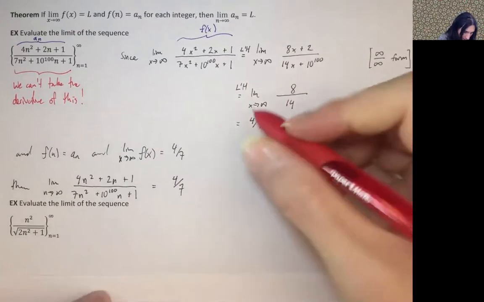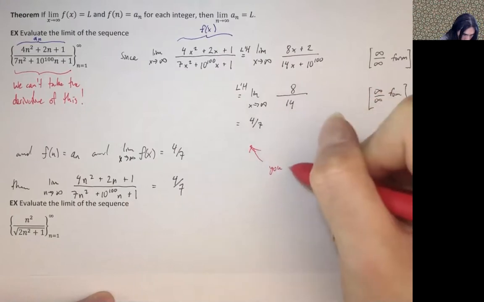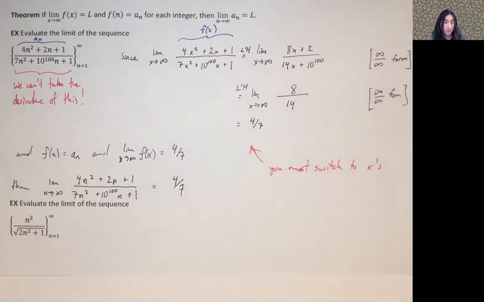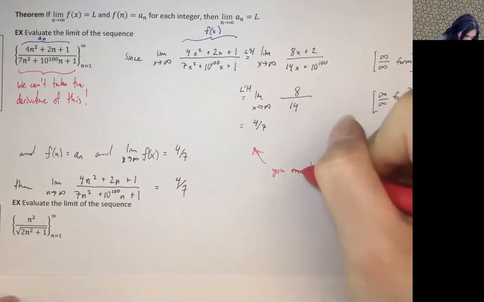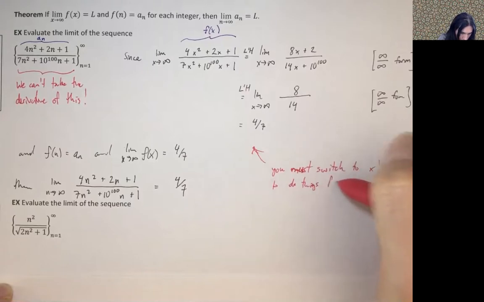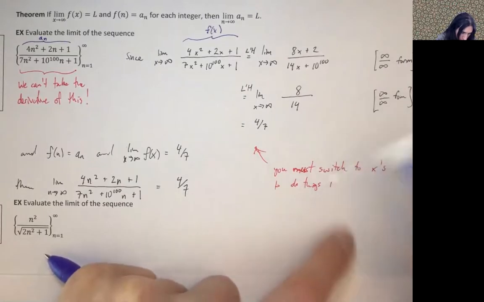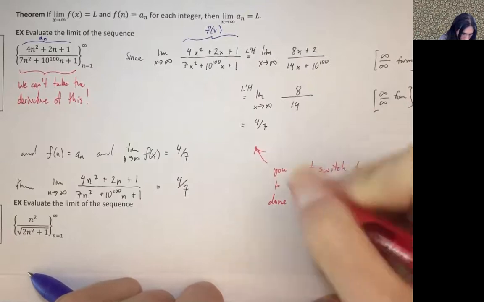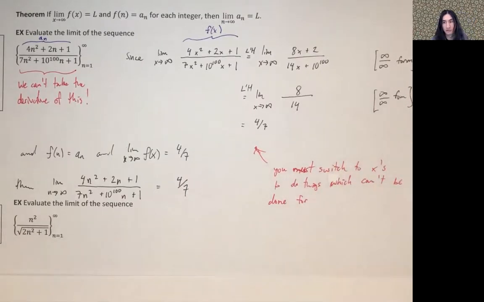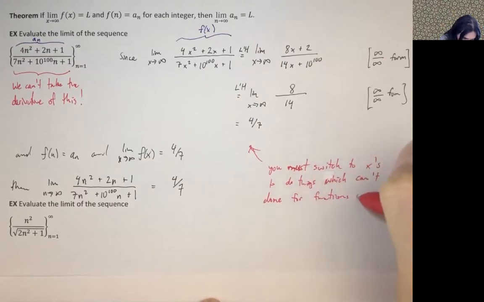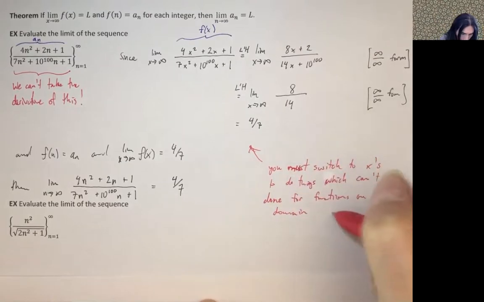So one note about doing this. You must switch to x's to do things that can only be done for functions on a continuous curve, or maybe which can't be done for discrete valued functions, functions on the domain of integers.